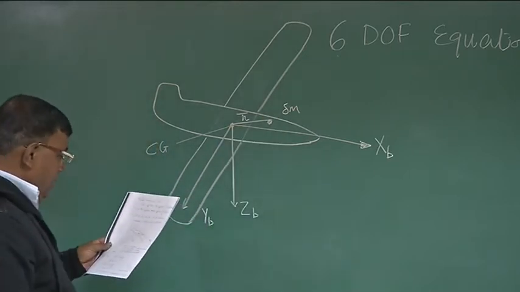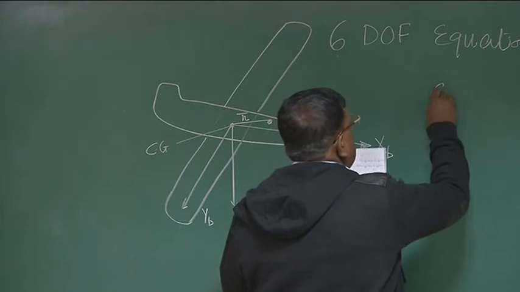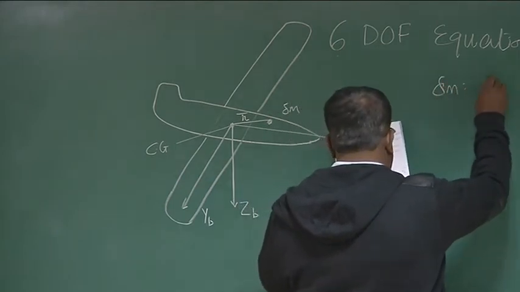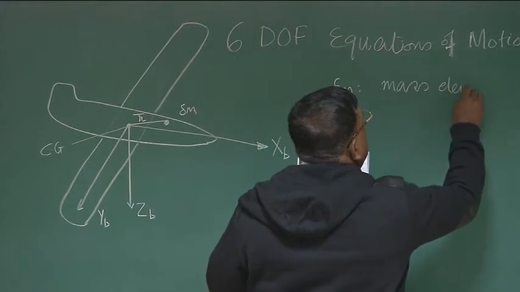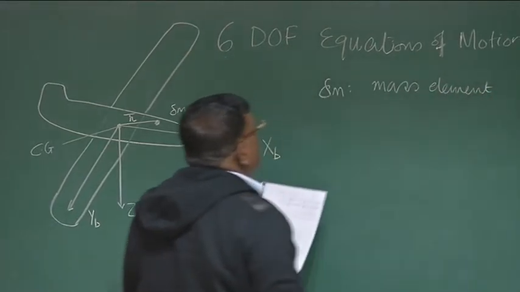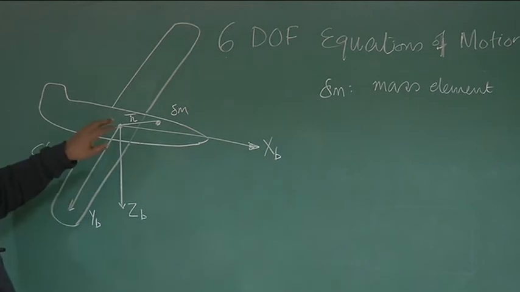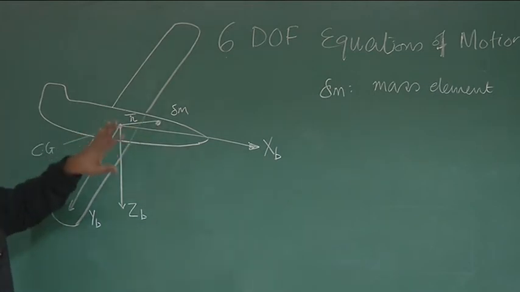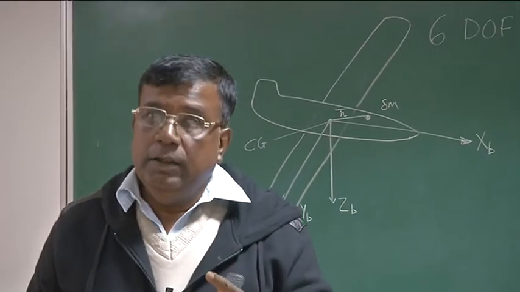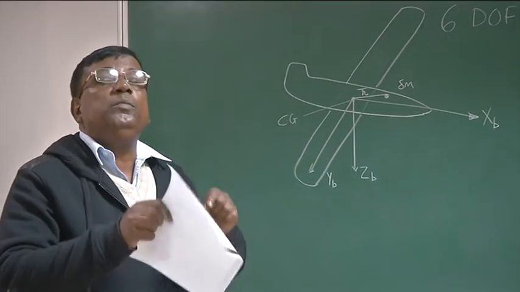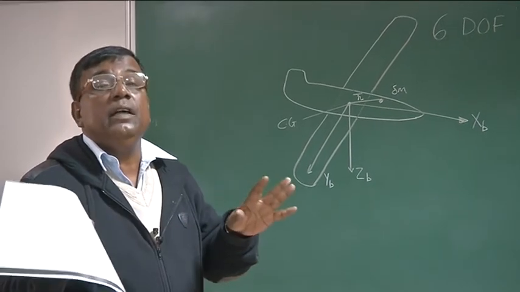Let me clearly write this. What is delta m? Delta m is the mass element under consideration. That is, you are distributing the total mass into small particles. And remember, we have assumed that this airplane is rigid, so the relative position between two points physically remains the same, they don't change.